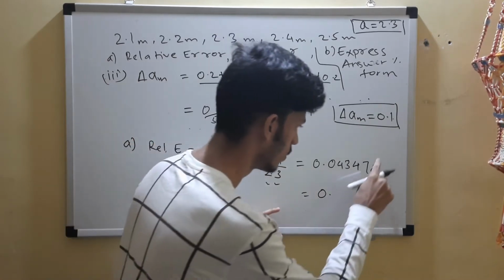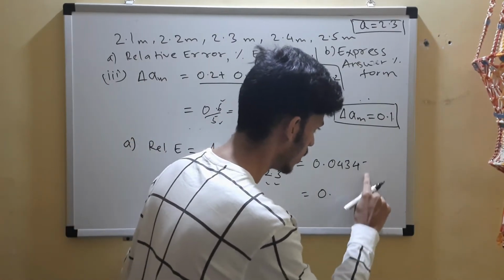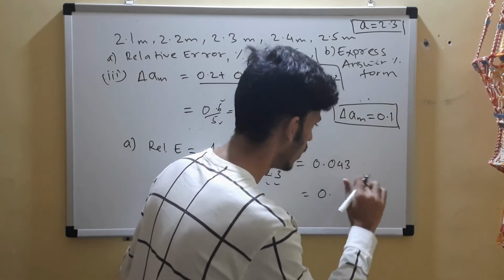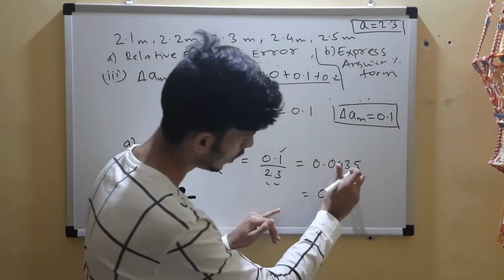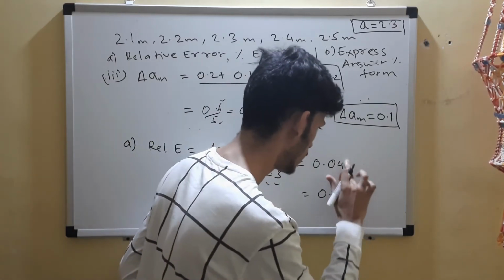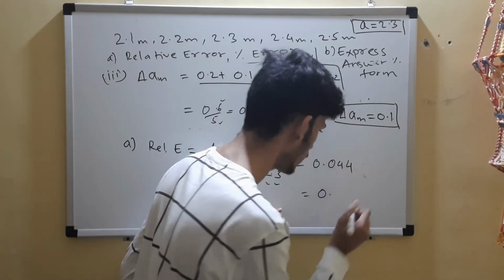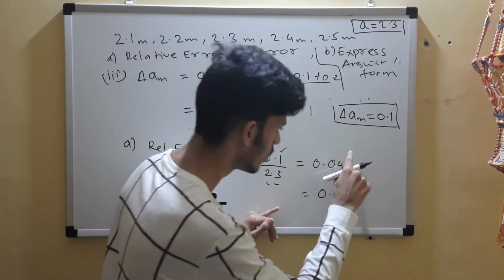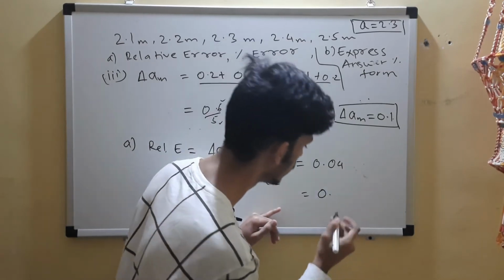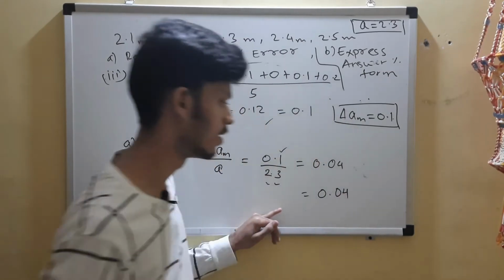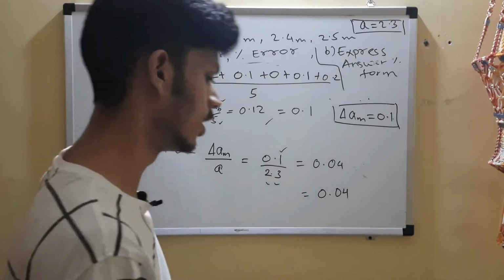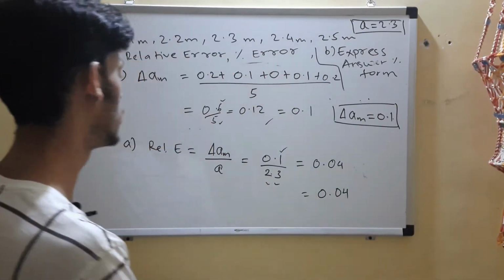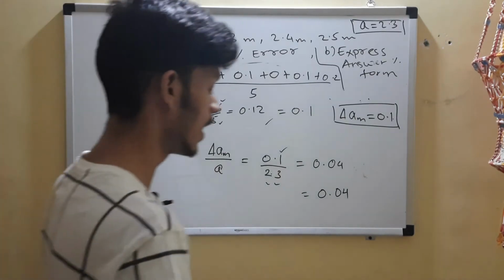So we drop this 8, this becomes 8, we drop that 8 as well, so this becomes 5 followed by an odd number, so this gives us 4. How many do we have? 1, 2. Two significant figures, but we want just one, so drop this as well. So 0.04 is your answer. You need to know rounding off as well, which is done in the previous lecture. So my recommendation to you is to watch the previous lecture.